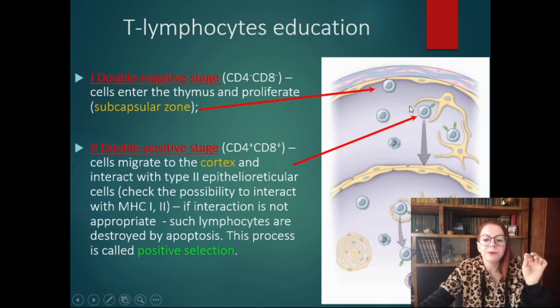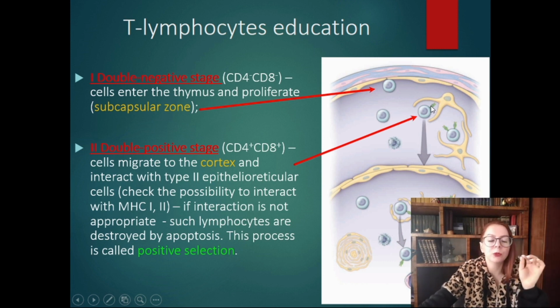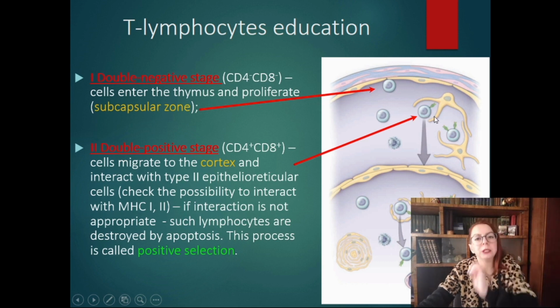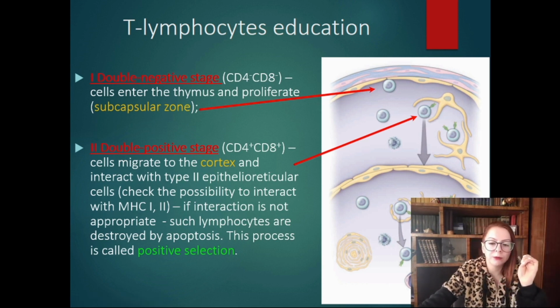So here the positive selection takes place. Why is it called positive selection? Because in this process, if CD4 properly interacts with MHC type 2, or CD8 properly interacts with MHC type 1, in this case the cell survives and descends to the medulla.